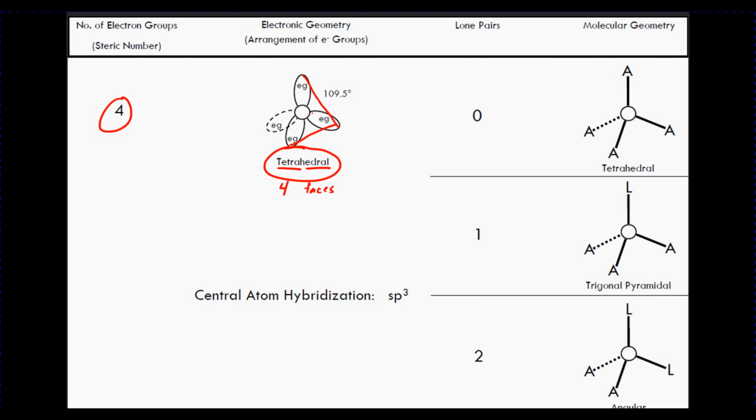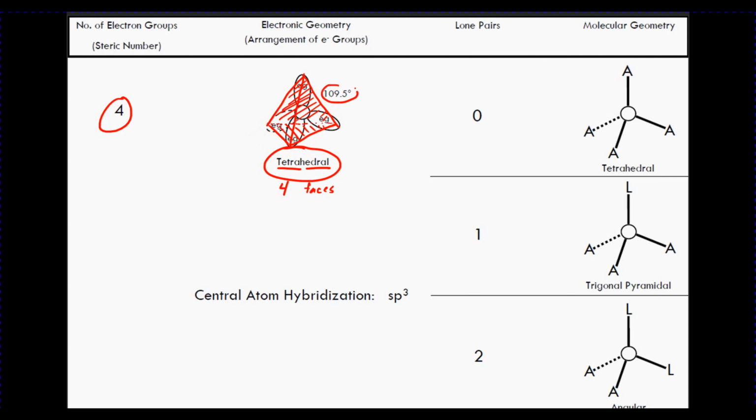Here, that is one face. This one makes another face facing us, and then this one is behind us. So you can see there's a face facing behind, and then there's a face facing downwards. How many surfaces can you see in this particular solid? 4 faces, tetrahedral.